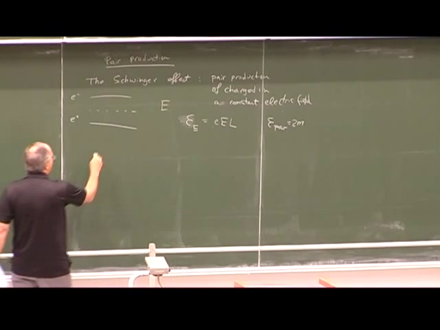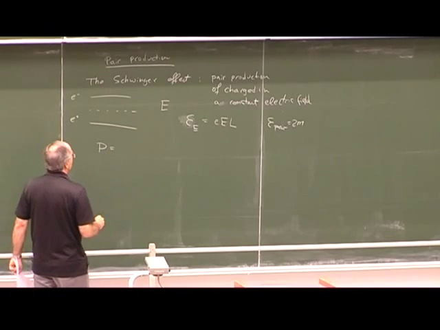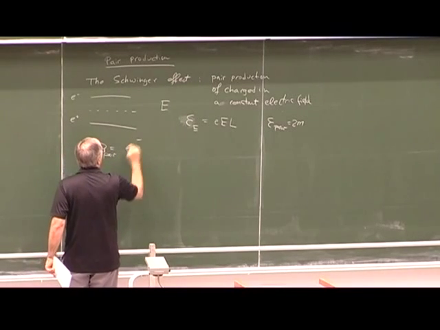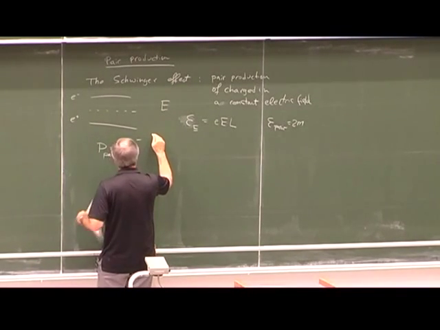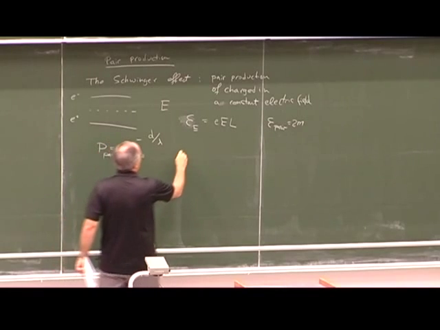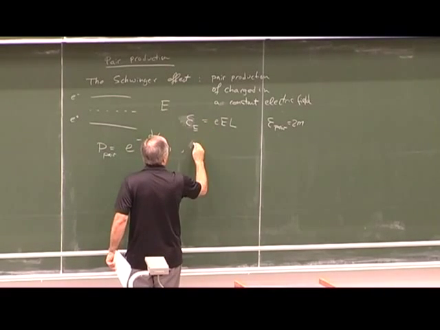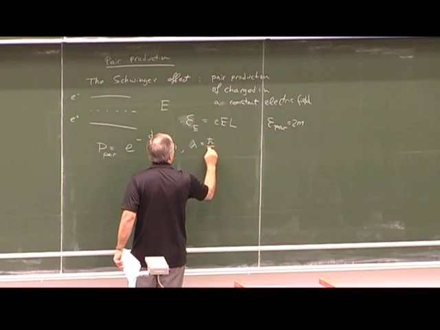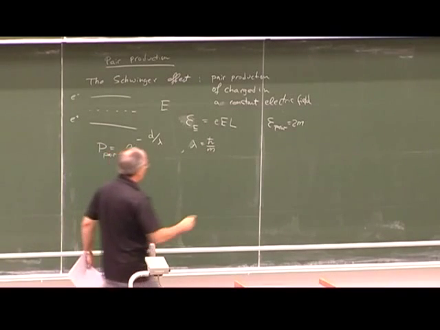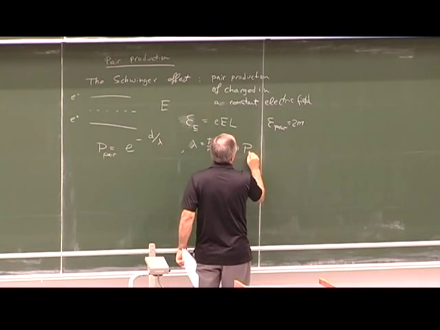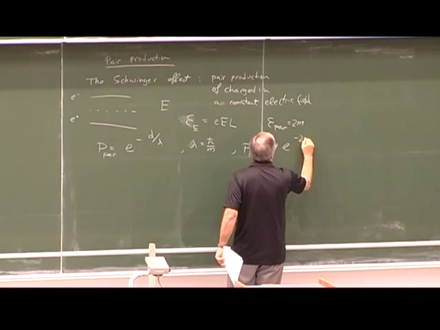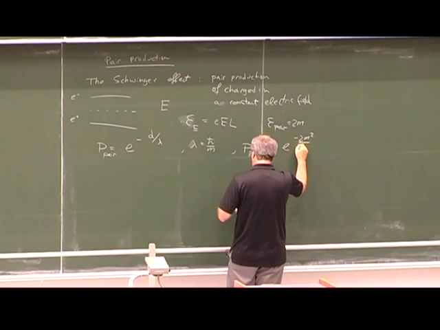And now we look at the probability that a pair is produced. It's e to the minus d over lambda, where lambda is the quantum wavelength of this electron, so it's h bar over m. So the probability for pair production is e to the minus 2m squared over eE.